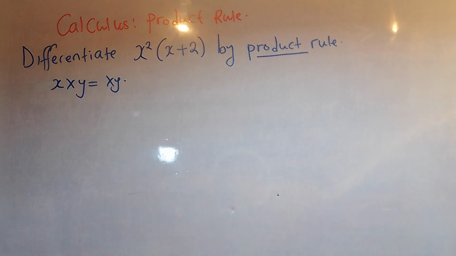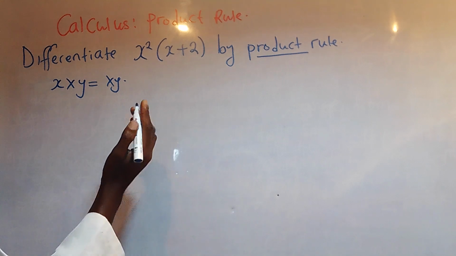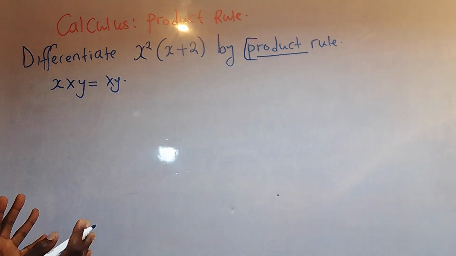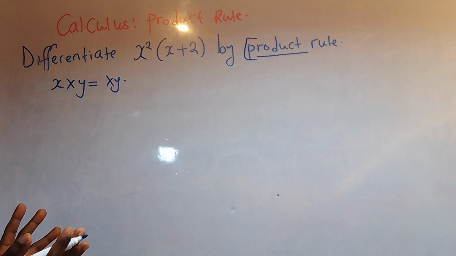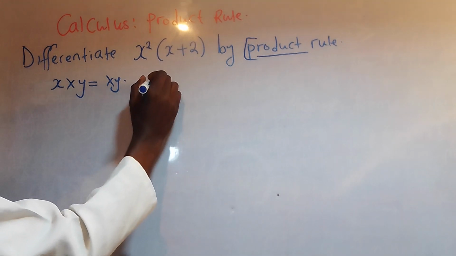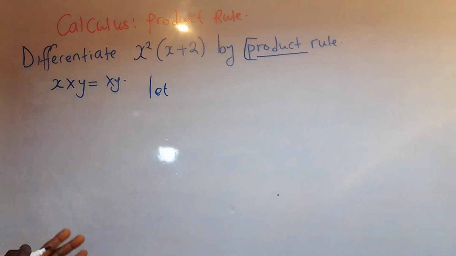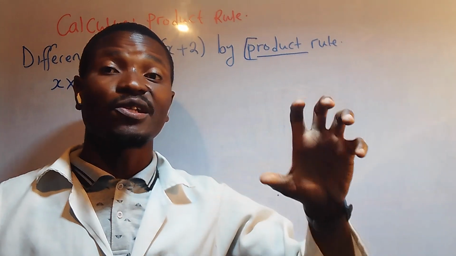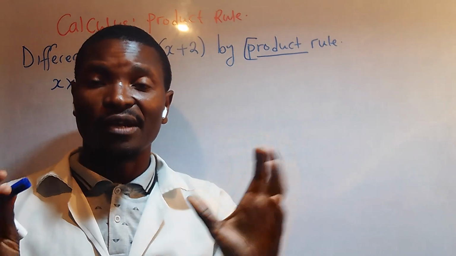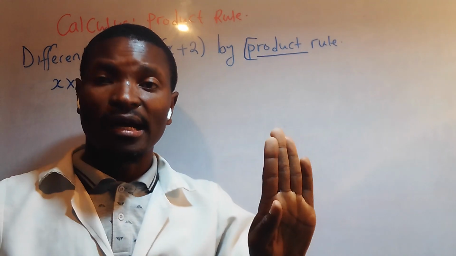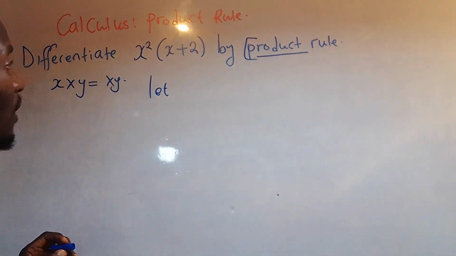When you are looking at the product rule, the first principle to understand is that we have to separate these two functions, or rather polynomials, into two functions.